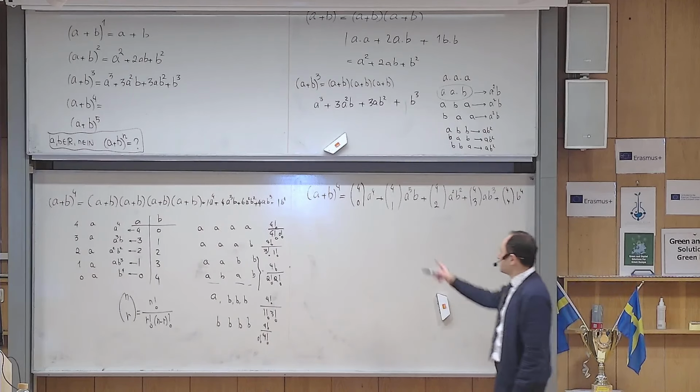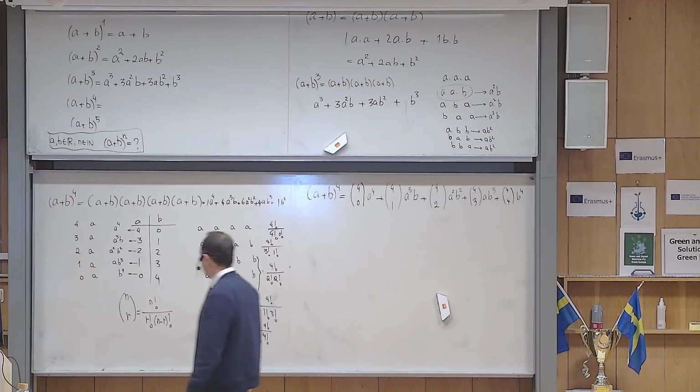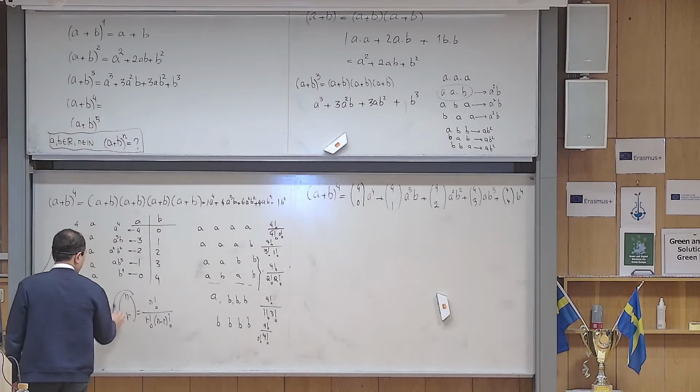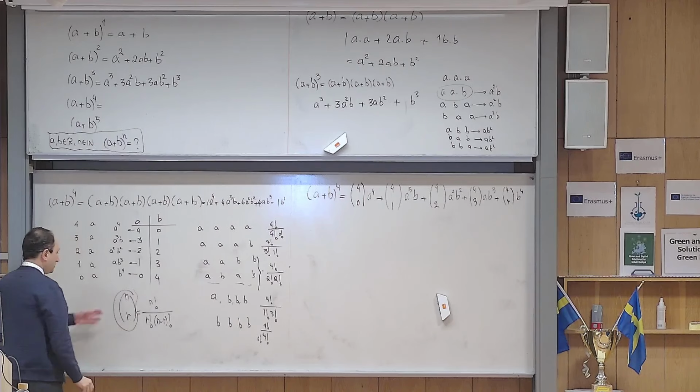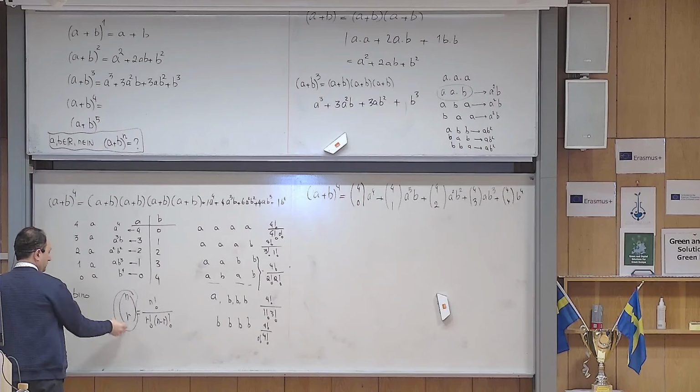So this is the reason, because they appear in the binomial expansion, if you see them, these are called binomial coefficients. This is another name for this, binomial coefficients.